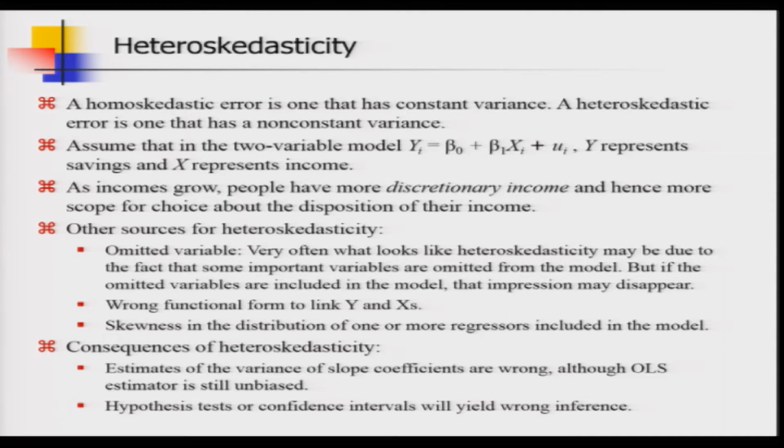Another, second source of heteroscedasticity is the wrong functional form to link y and x's, and the third one is the case of skewness. So, if there are one or more explanatory variables which are highly skewed, then that will have an impact in the model and it will create heteroscedasticity. Okay, so we have figured out the sources of heteroscedasticity.